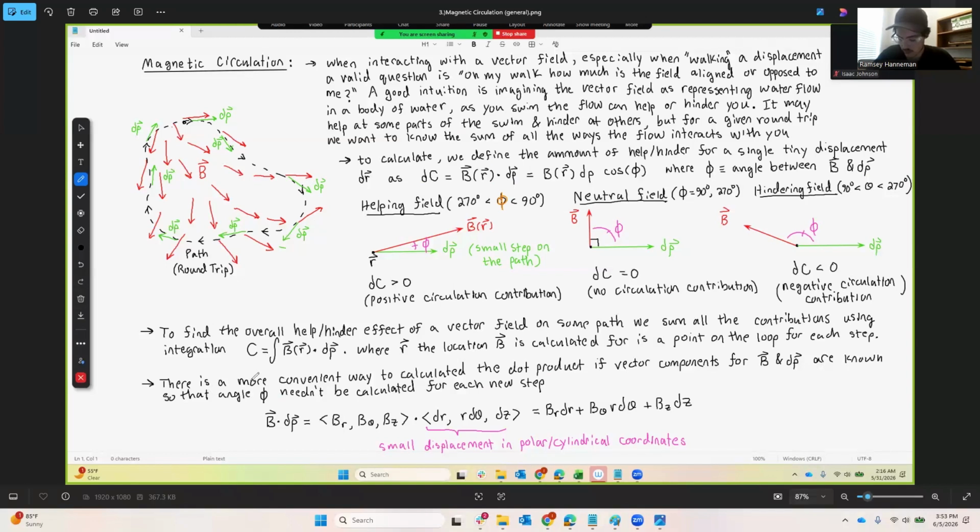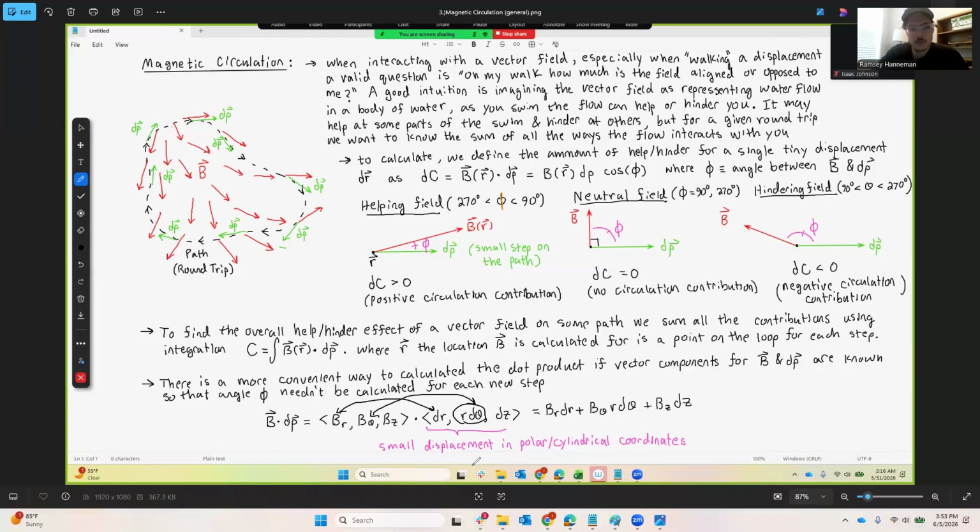And there's, of course, a more convenient way to calculate the dot product than figuring out the angle, because as you could imagine, finding some function for the angle for this particular path would be pretty brutal. Finding the angle every time is not super convenient. Luckily, with the dot product, you can just multiply the x component with the x component, in this case, the r component with the r component, the theta component of the B field with the theta component of the displacement.